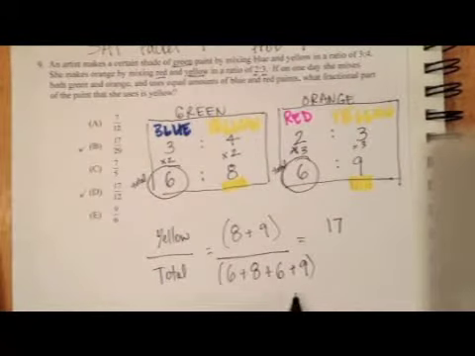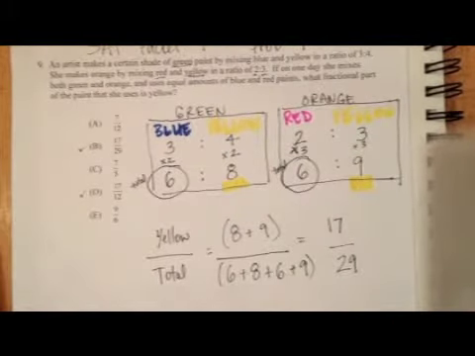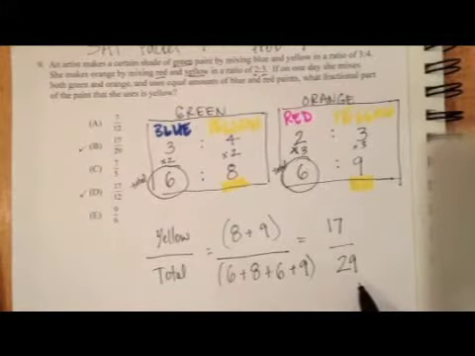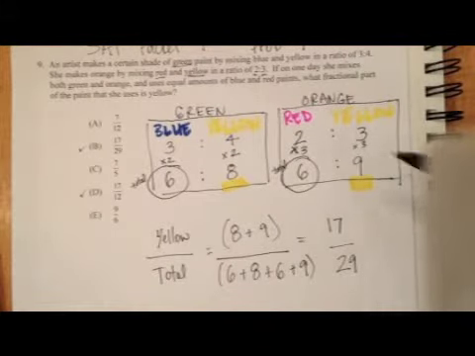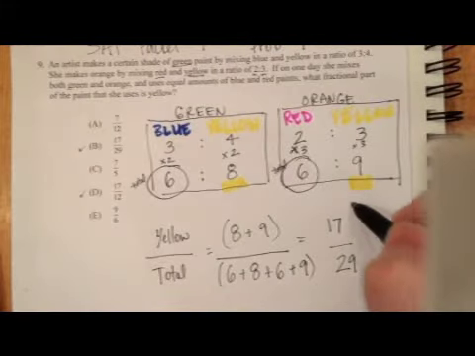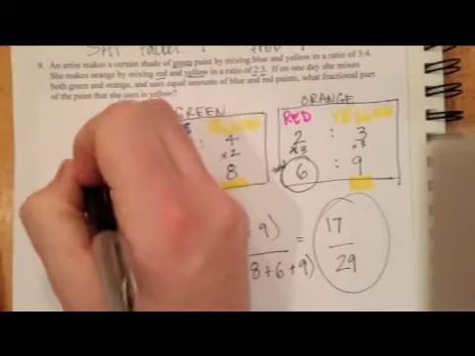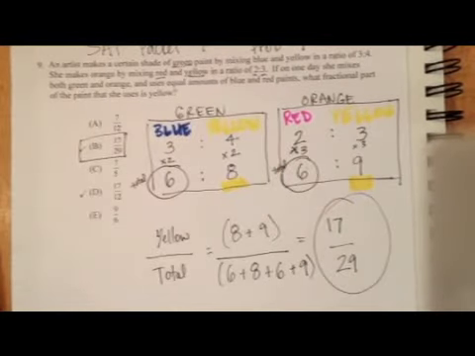And so my total is all of those pieces added together. 6 plus 6 is 12, plus 8 is 20, plus 9 is 29. Woohoo! That's one of my answer choices. What fractional part of the paint that she uses is yellow? 17 out of 29 parts. So the correct best answer is choice B. Nice work.